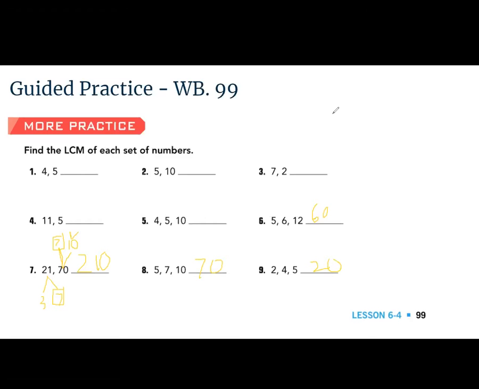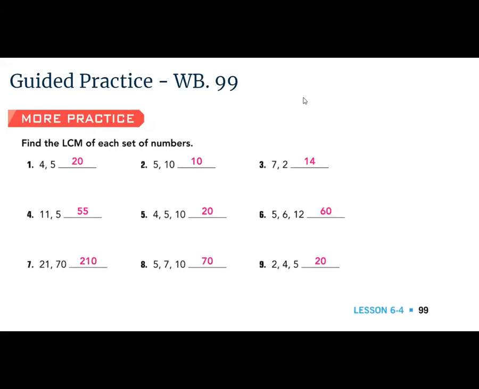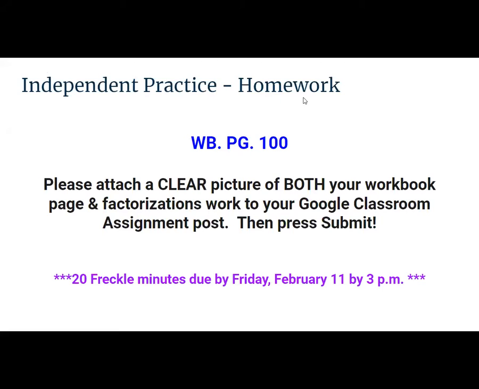Good job. All right, so for your homework tonight, you're going to be working on not only page 100, but if you can build some composite numbers for me, just to play around with this idea of decomposing a number into primes.